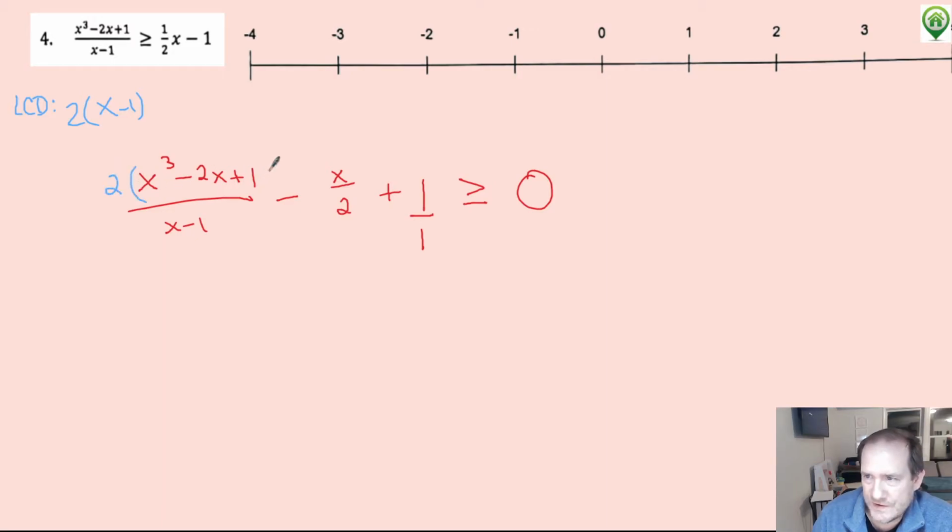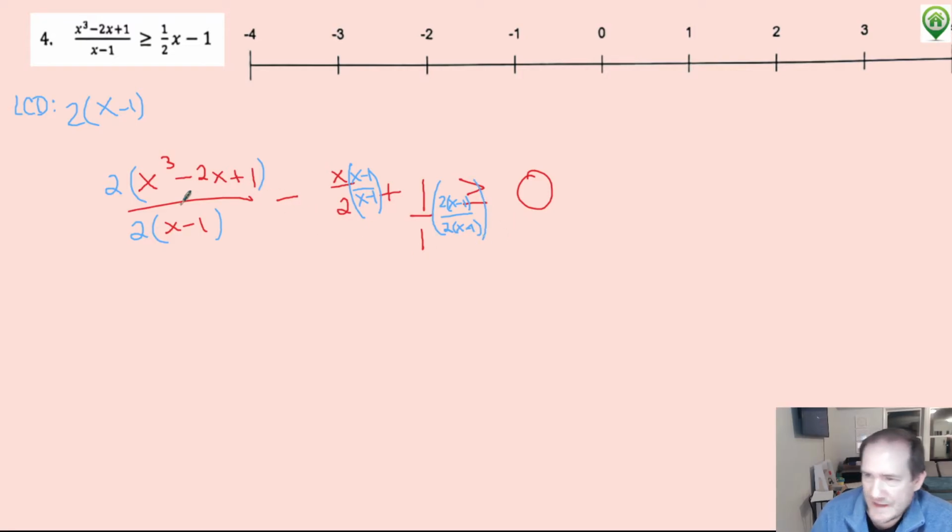So we can just hit this guy with a 2 over 2 to get that common denominator. This guy's missing the x minus 1, so we'll hit this with x minus 1 over x minus 1. But then this 1 doesn't have either of these, so it's going to need to get multiplied by 2x minus 1 over 2x minus 1.